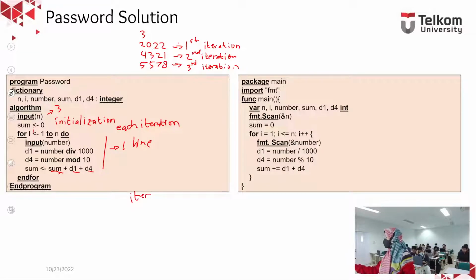On iteration number 1, the first iteration is when I equals 1, right? And now the number in this example is 2022. What is the value of D1? 2.